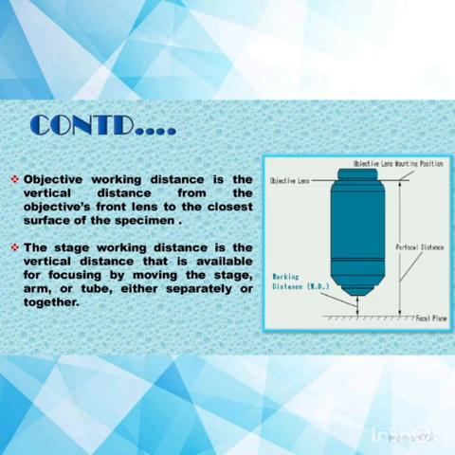The stage working distance is the vertical distance that is available for focusing by moving the stage, arm, or tube either separately or together. When combined with the objective's working distance, it determines how big or thick a specimen can be and still be viewable.